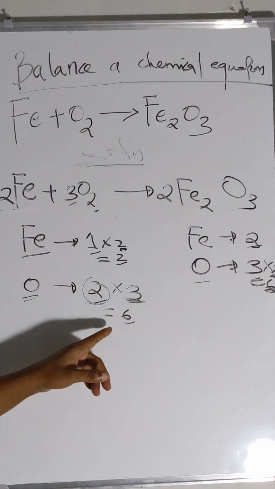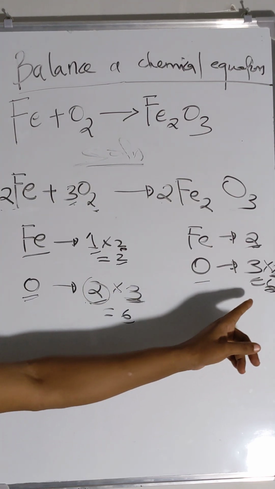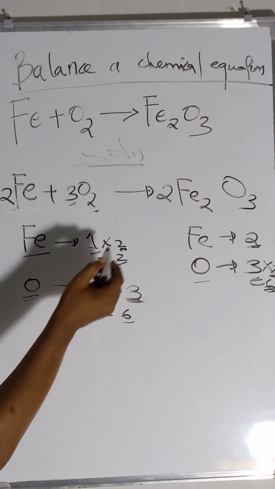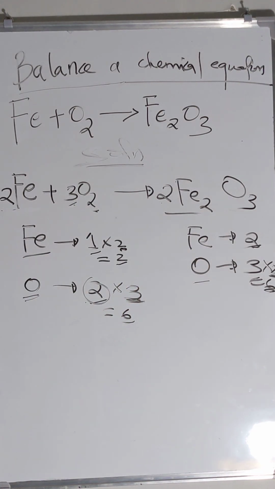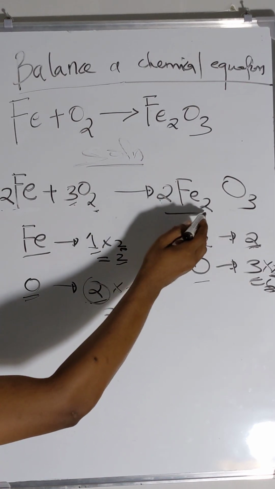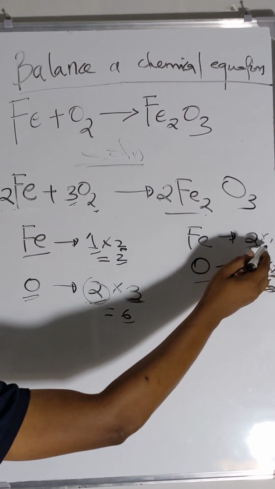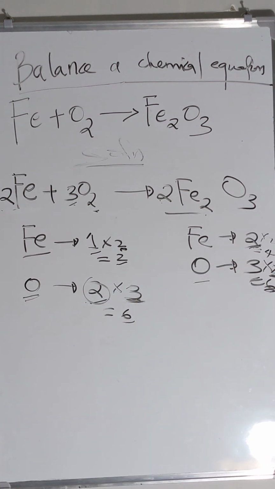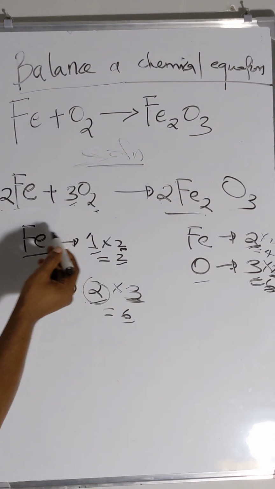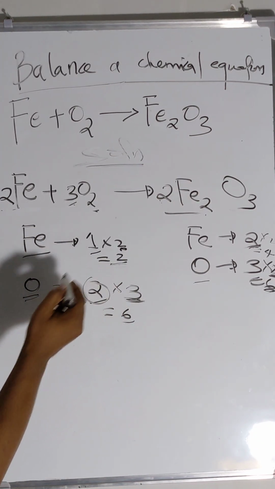Therefore, we have oxygen 6 on the right side. But remember, this here is no longer 2, but it is 2 times 2, you see, which is 4. You see, now we have 4 iron, but on the left side, we have only 2.